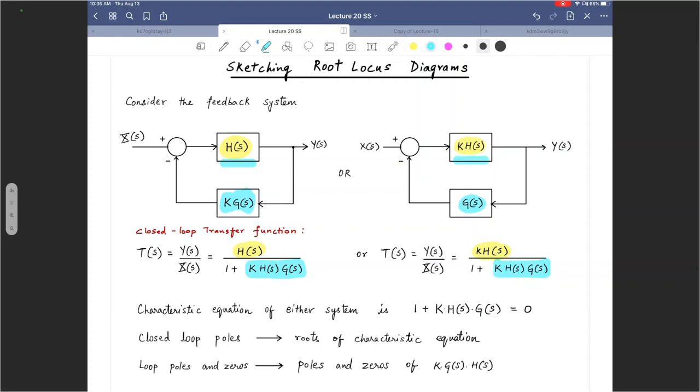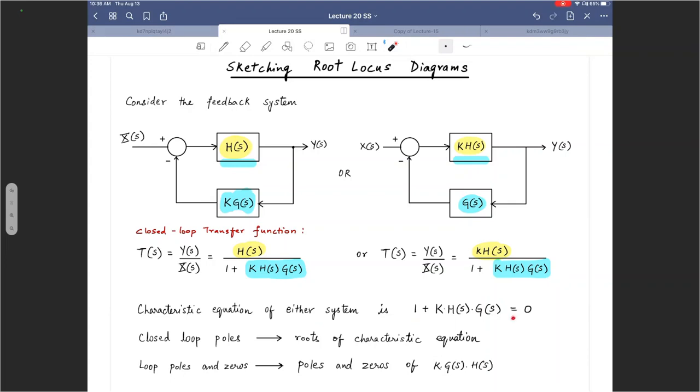Now, both these closed loop transfer functions have the exact same denominator, which means the characteristic equation for both of them is going to be 1 plus k times h of s times g of s equals 0.